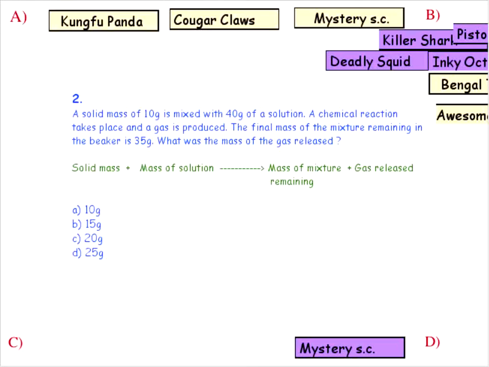Okay, so we're all done? Yeah, don't forget your check marks, eh? Okay, so let's see. It looks like everyone's in answer B, am I right?